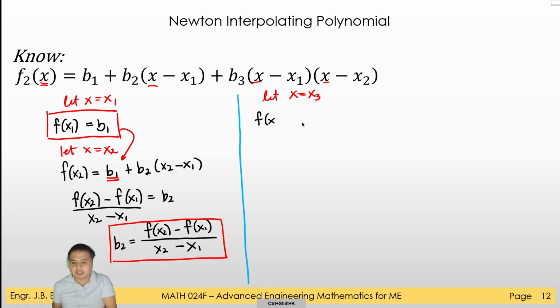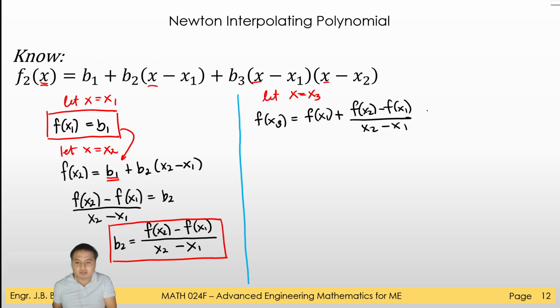So f of x3 is equal to b1, which is f of x1, since we already know b1, plus b2, which we already know, equal to f of x2 minus f of x1 over x2 minus x1, times x3 minus x1. We substituted x3 here. And for the last term, we have plus b3 times x3 minus x1, and this is included, times x3 minus x2.